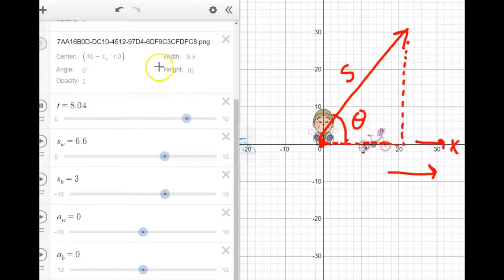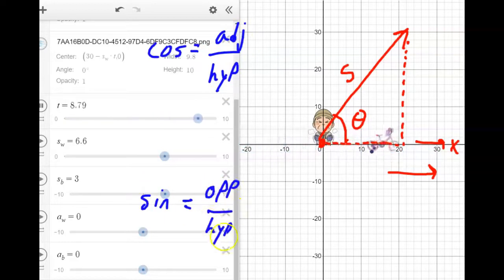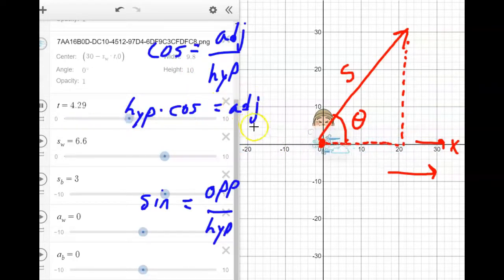Remember here that cosine is equal to the adjacent side over the hypotenuse, and sine is equal to the opposite side over the hypotenuse. So if we rearrange these, the adjacent side is going to be the hypotenuse times the cosine.